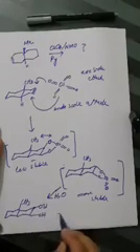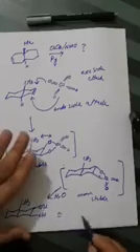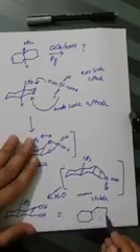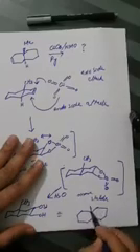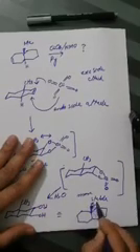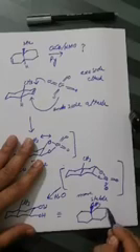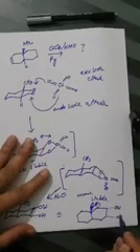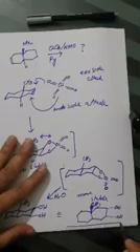In dihydroxylation, you have to show it here like this. This methyl is on the front side, so the OH groups are on the opposite side of this methyl. So this is your answer.